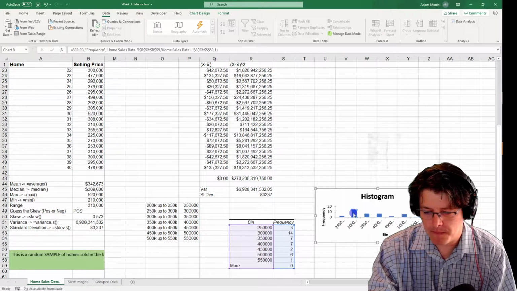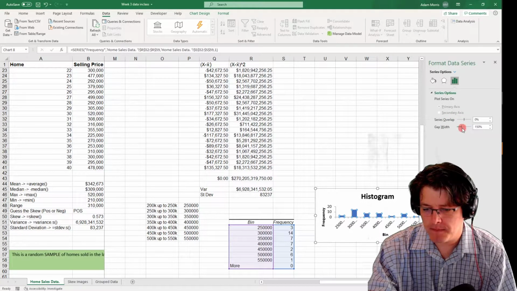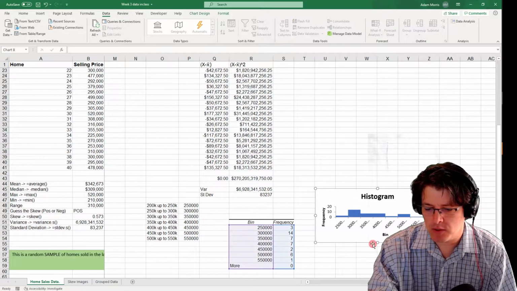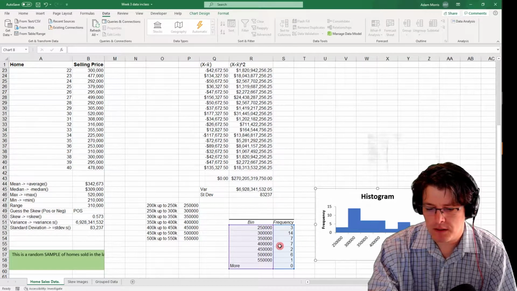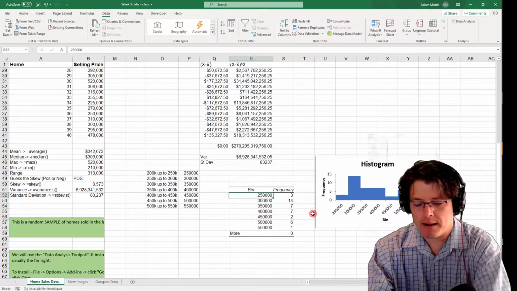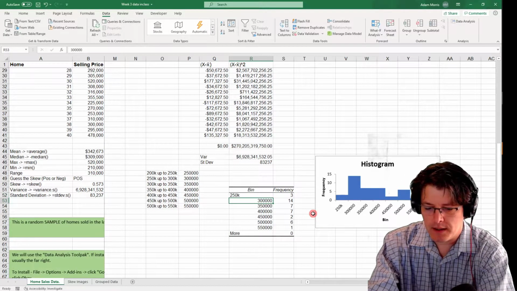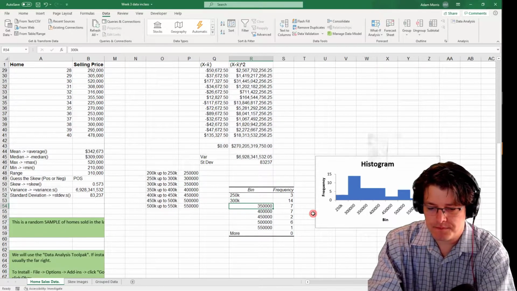Let me see. We're just going to shorten this up, as more of a histogram, and we probably want to just indicate these as 250K, 300K, and so on.